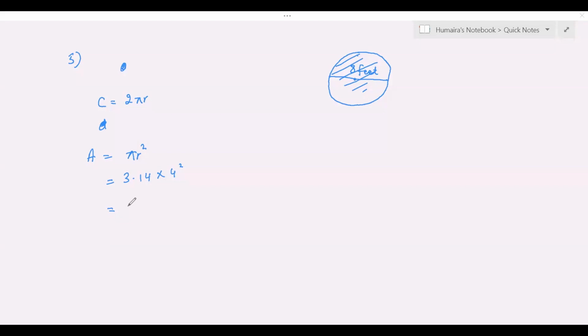I think the options are not correct here, maybe some typo mistake.